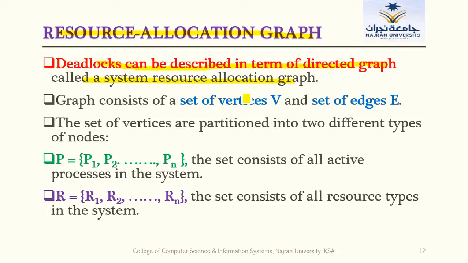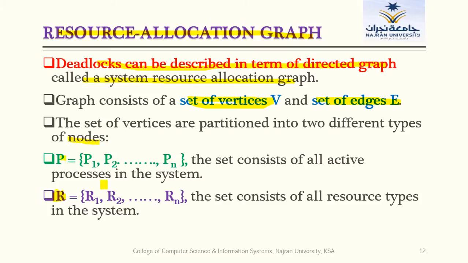You know that a graph consists of a set of vertices and a set of edges. Sometimes we also say set of nodes or vertices. Now the set of vertices is partitioned into two different types of nodes. So we have process and we have resource.